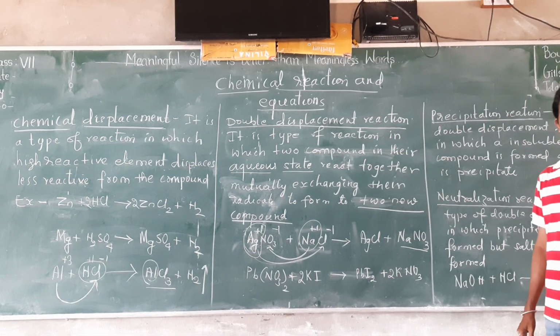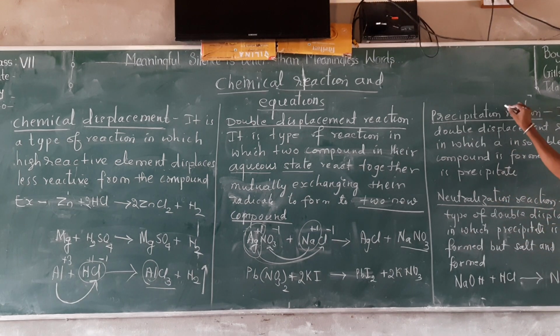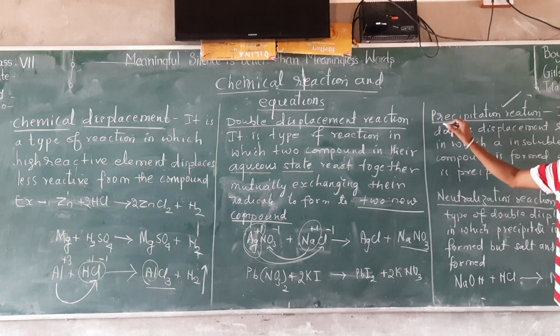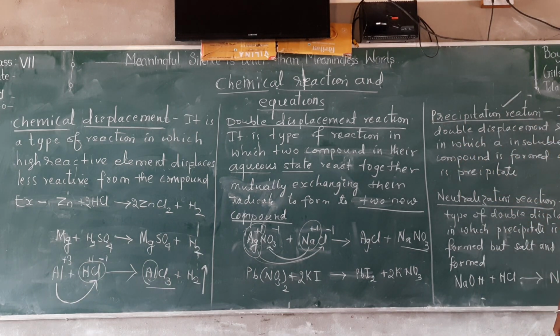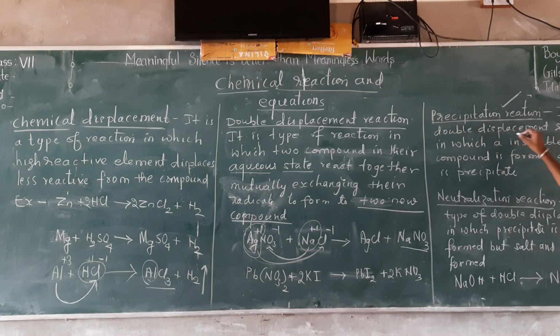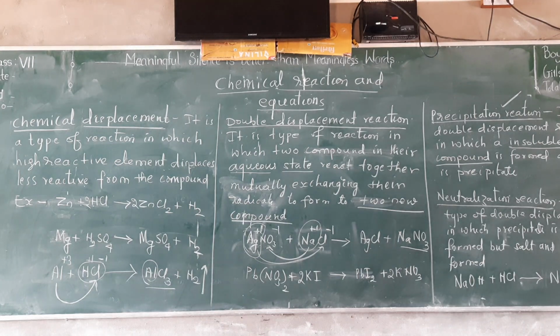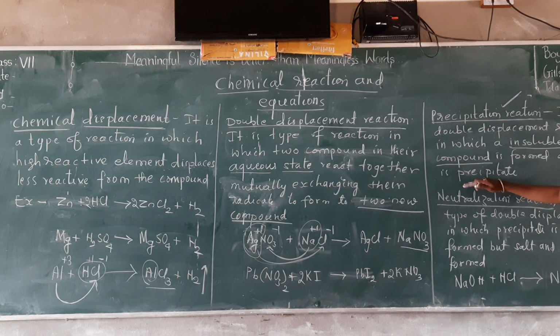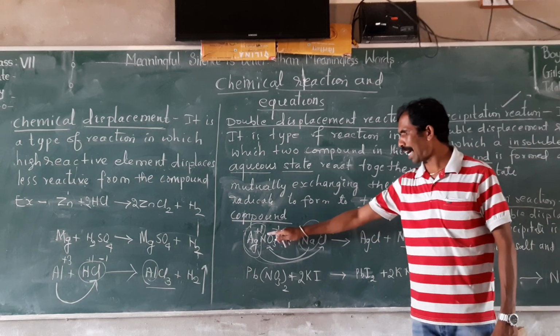In double displacement reaction, we have two types. One is precipitation reaction. It is a double displacement reaction in which an insoluble compound is formed, and it is called a precipitate. Examples here, both are in aqueous solution.